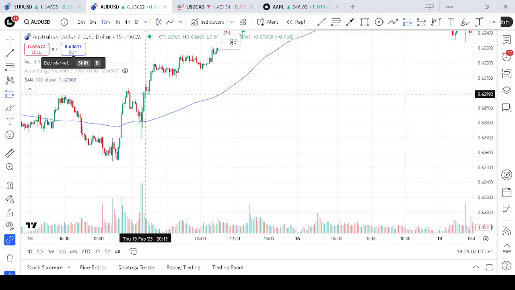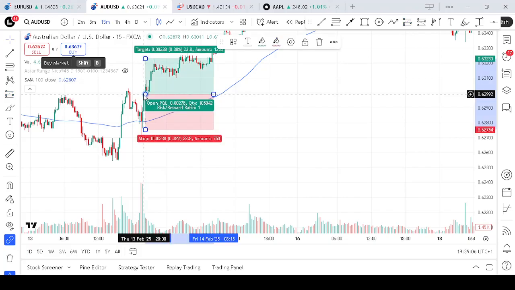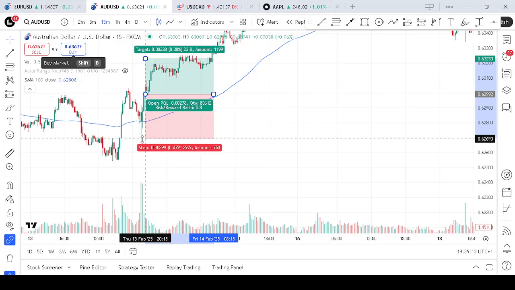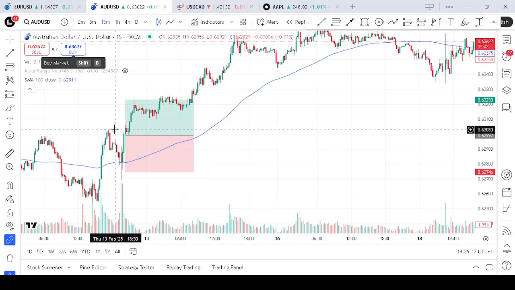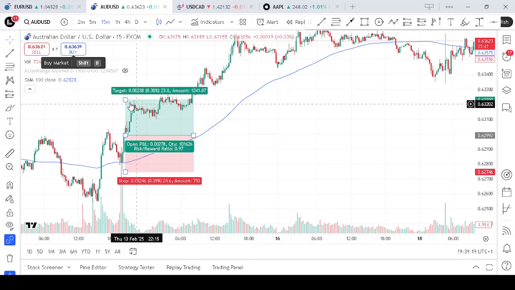If we enter our trade, we can put our stop loss just below the pullback for longs. Just put it below the pullback to ensure that our risk is limited if the market moves against us.